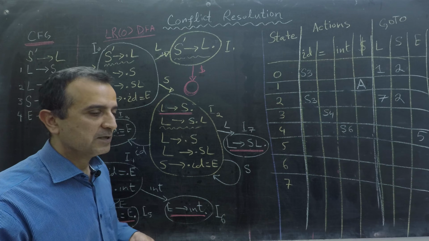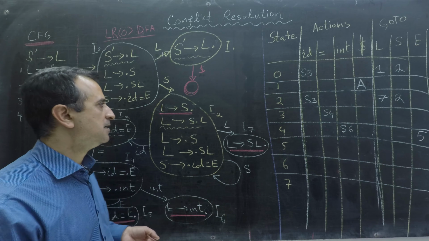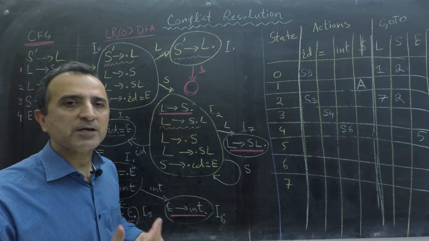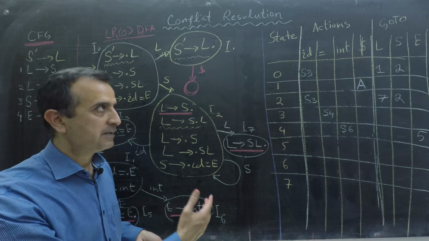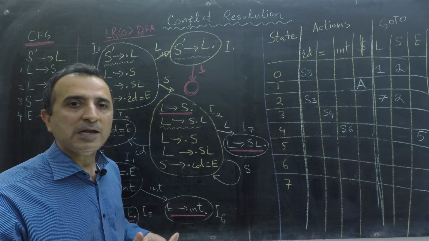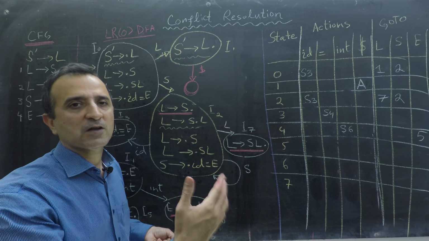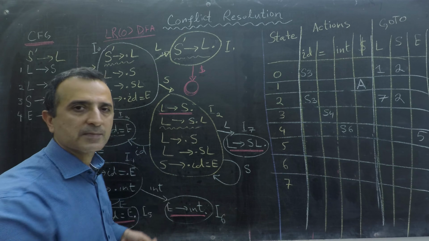It is because we can only reduce on those tokens which are in the follow of L. We can't reduce on the other tokens because in the stack of our parsing algorithm only those tokens will come and only those tokens can be reduced by L.